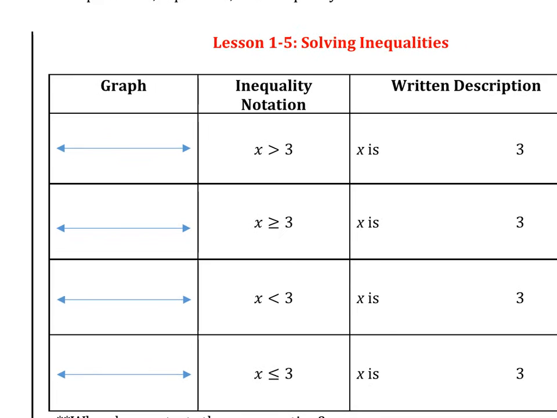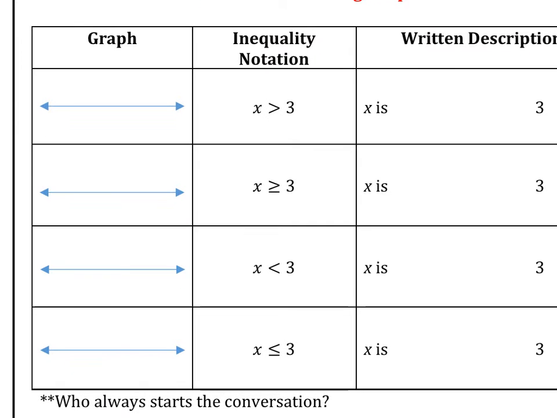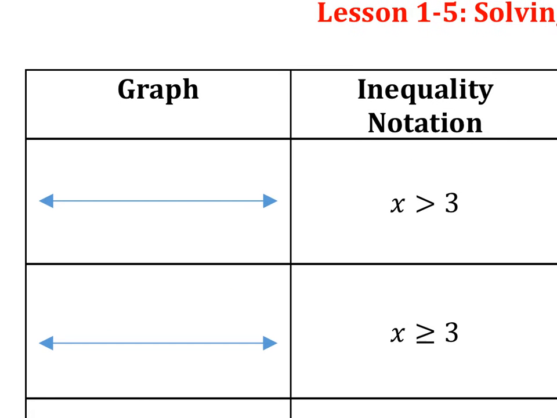So let's just look at these four examples. The first one, x greater than 3. So how would that look on a graph? Well, x greater than 3 means that something's going to happen at 3. So we're going to have 3 on the number line. And then greater than means we're going to look at all the numbers that are greater than 3 but not equal to 3.